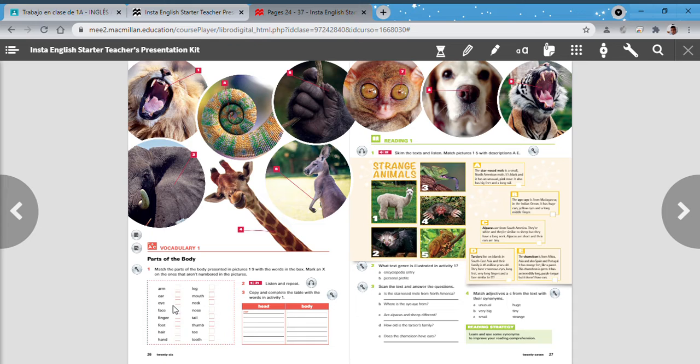What about finger? Number 5. Not exactly because fingers are plural and this arrow is only focused on one. So be careful. An X. What about foot?